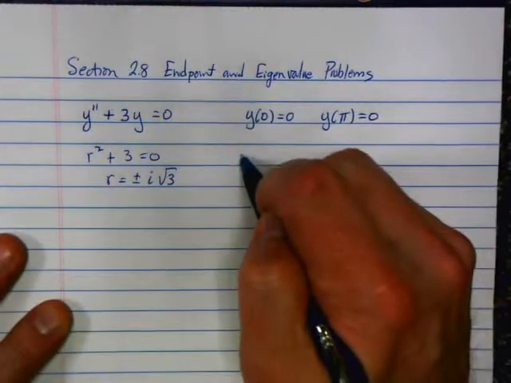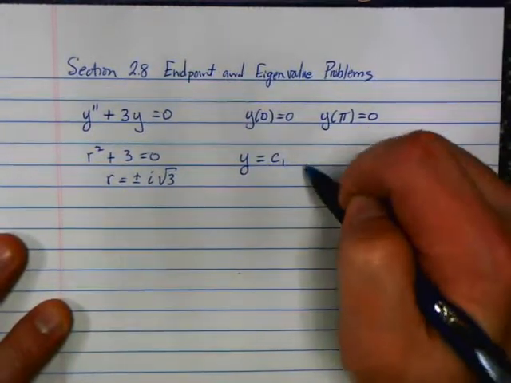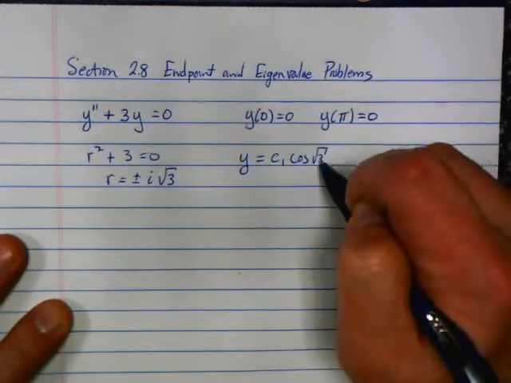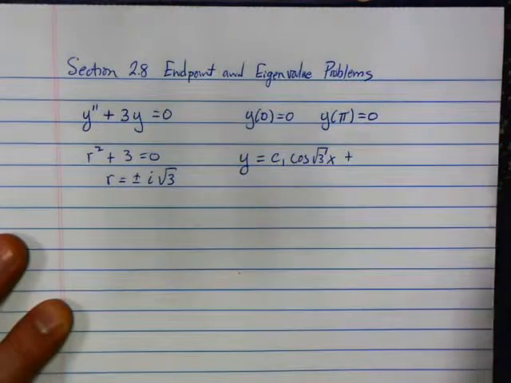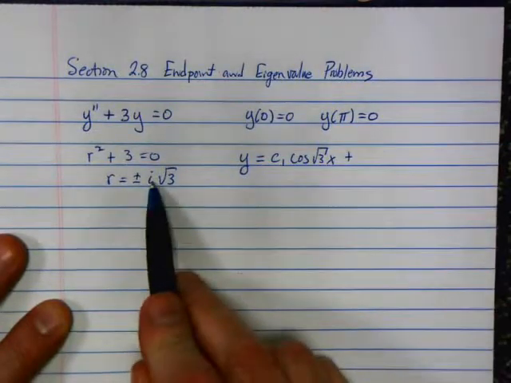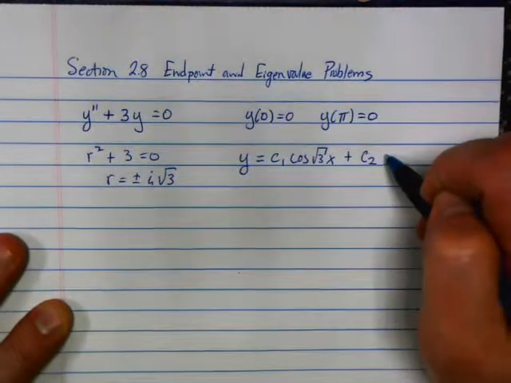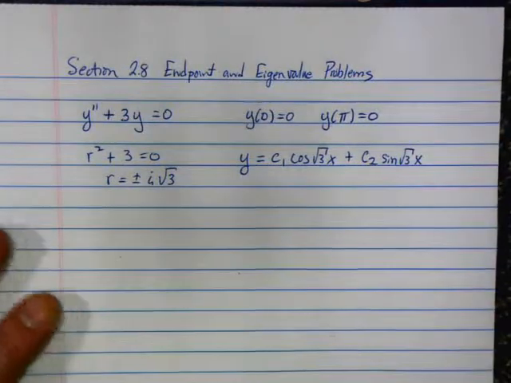So y is C1 cosine square root of 3x, plus C2 sine square root of 3x. Where's the cosine coming from? I got complex solutions, didn't I?